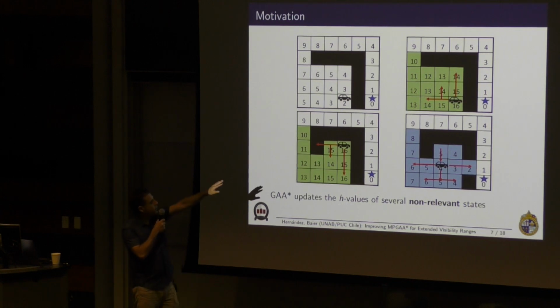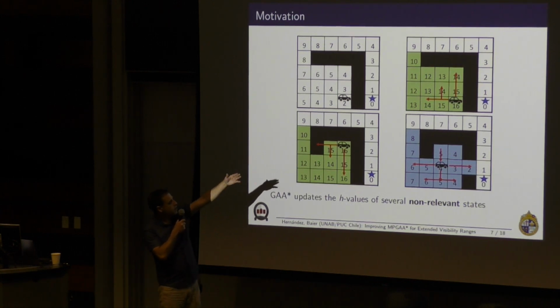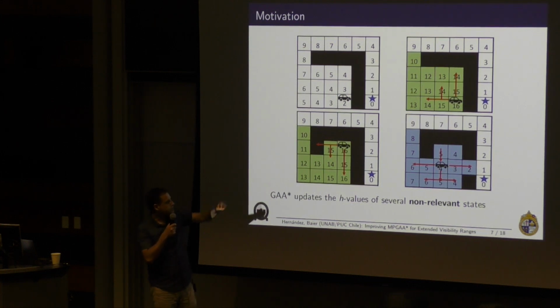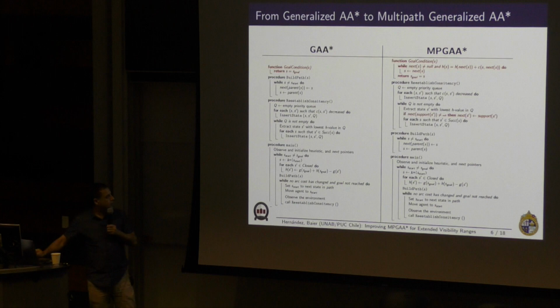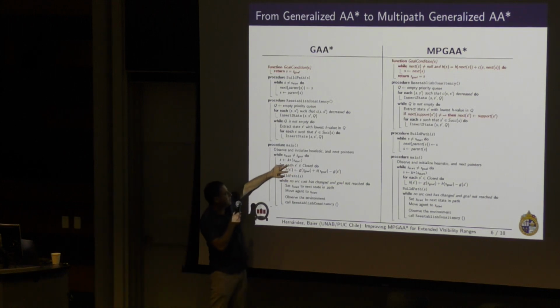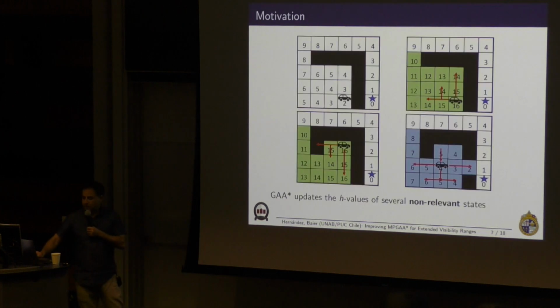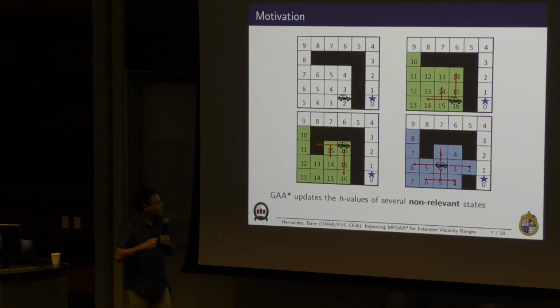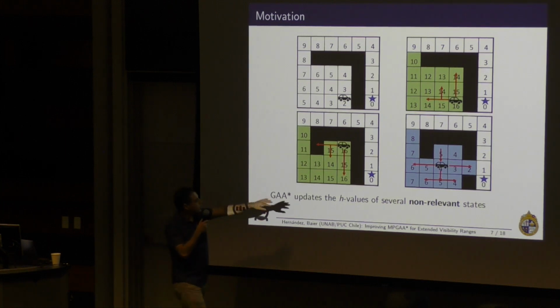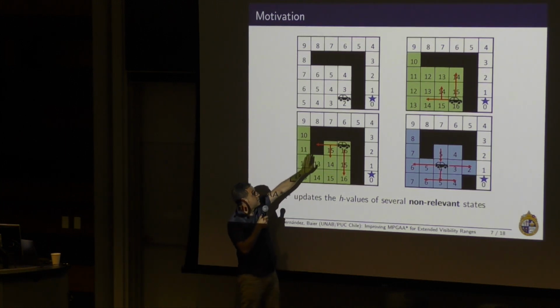After the first search, the agent updates the heuristic. Those are the green cells. This is part of the algorithm. The agent updates all the heuristics in the closed list after the search, in order to obtain a more informed heuristic.